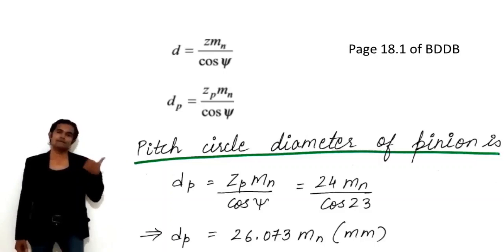So we'll use this formula which is on page number 18.1 of Bhandari design data book, which says dP is ZP Mn upon cos xi. You know, dP is pitch circle diameter of pinion, ZP is number of teeth on pinion, Mn is normal module and xi is our helix angle. So when I'll put the value of ZP as 24 and value of xi as 23 degree, I'm going to get dP, pitch circle diameter of pinion, as 26.073 Mn.